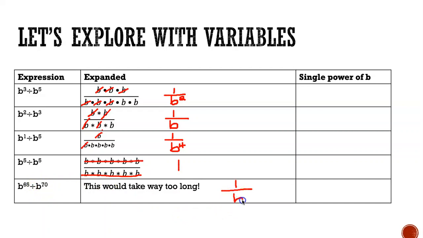So we're going to have B to the 5th in the denominator. So this is our answer here. I'm not going to take the time to rewrite all that out. Okay, let's take a look.